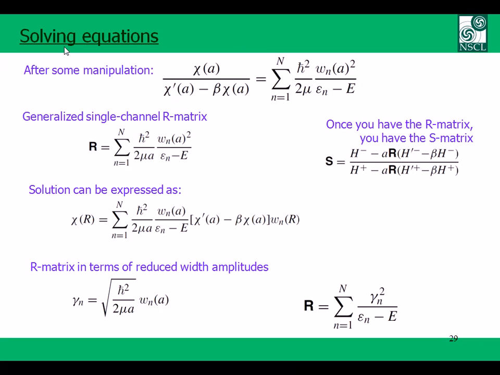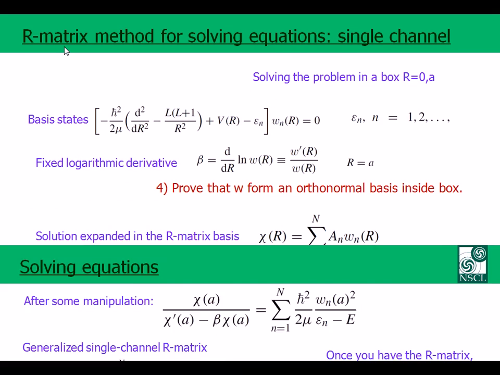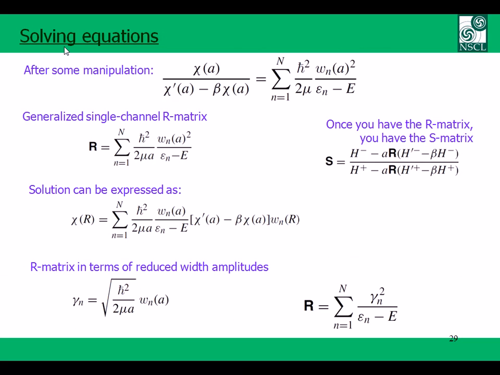You can derive this equation that relates chi of a and chi prime of a plus beta minus beta chi of a with a sum over w_n of a squared over the difference between energies. What I didn't derive from here to there is necessary for you to understand the method. So I would advise you to go through that also.